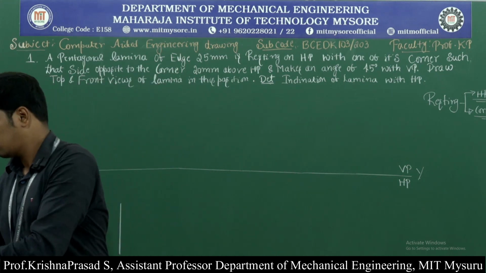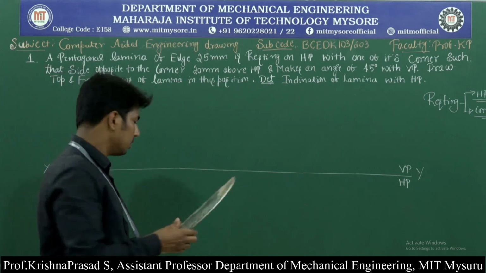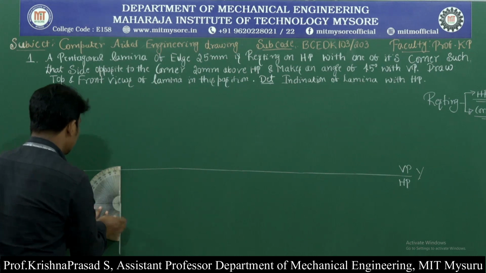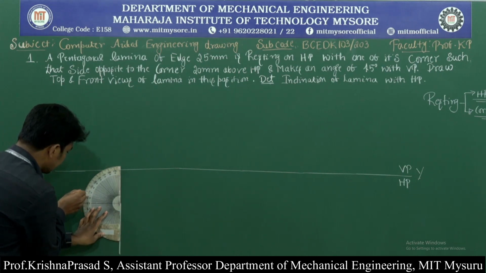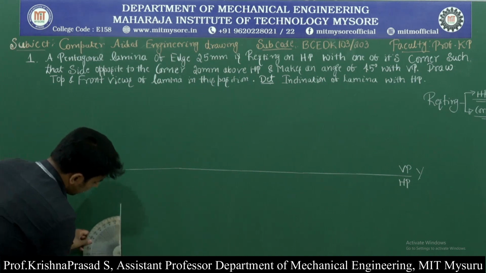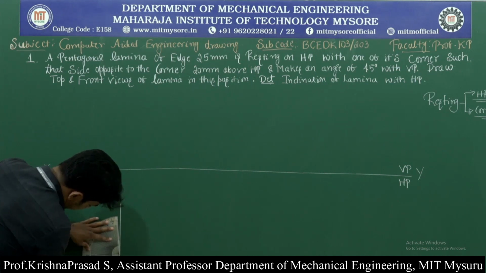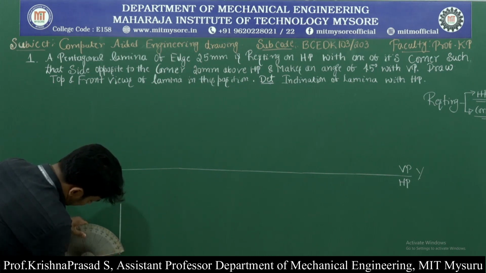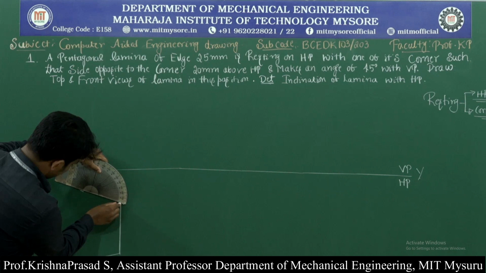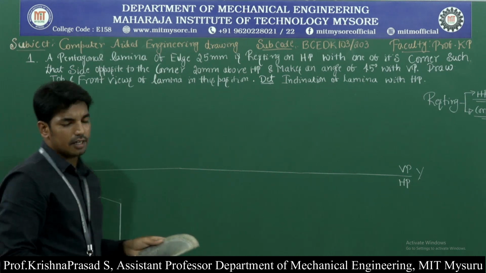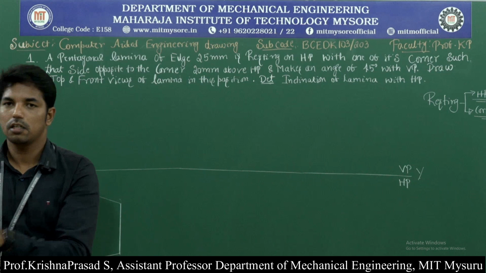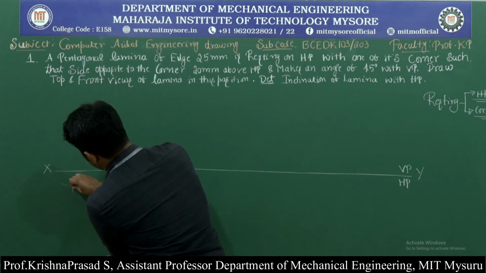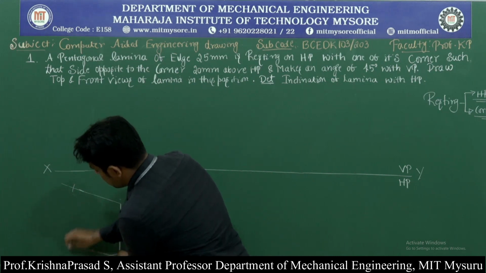For that, place the protractor here. What is the included angle for the pentagon? It is 108 degrees. Next, take the dimension of 25 mm and cut an arc, one here and the other here.